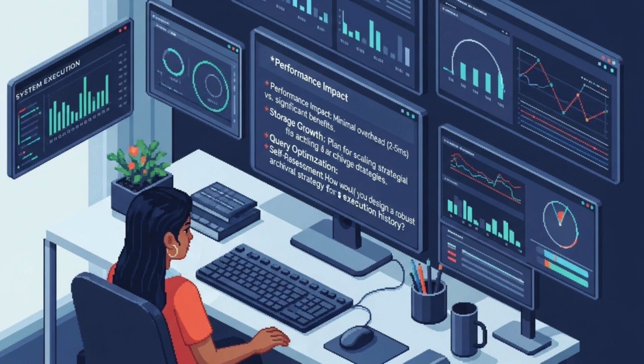A system processing 1 million tasks daily can generate roughly 100 megabytes of execution data per day. You need a solid plan for database scaling and archival strategies to manage this. Third, query optimization becomes critical. Execution history tables grow very large very quickly. Proper indexing on fields like execution time, task ID, and status is essential for maintaining responsive dashboards and analytics.